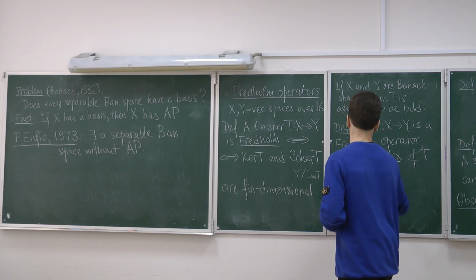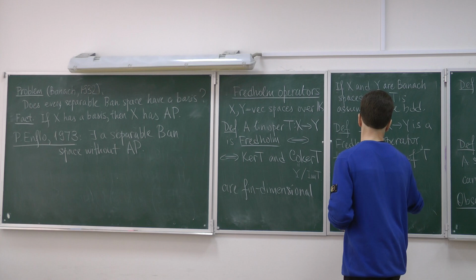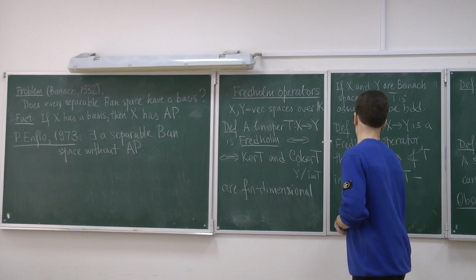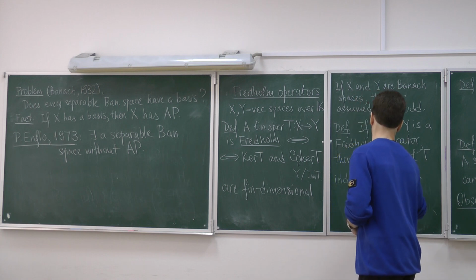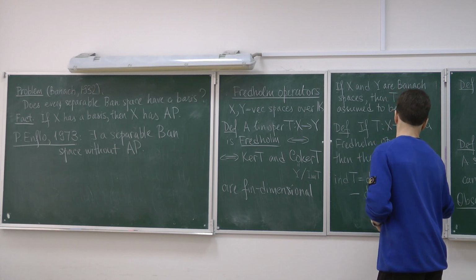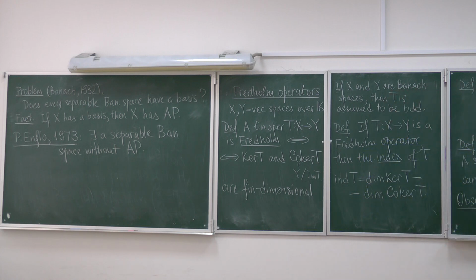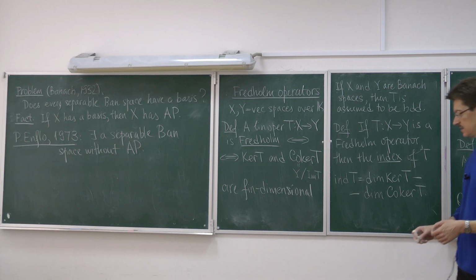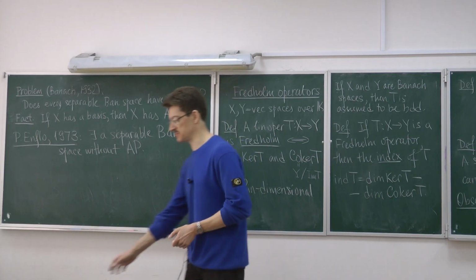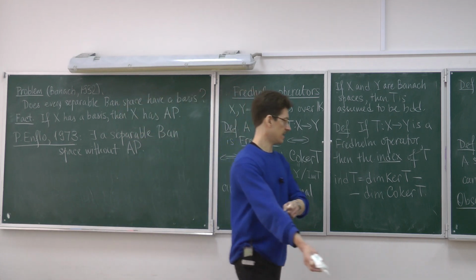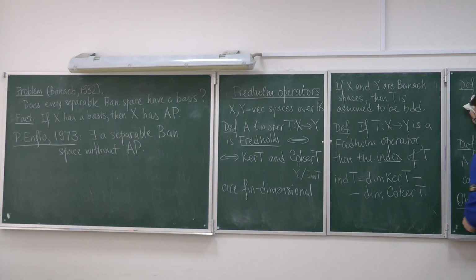This is the dimension of the kernel minus the dimension of the co-kernel of T. We will see soon that this number has a number of nice and remarkable algebraic and topological properties.